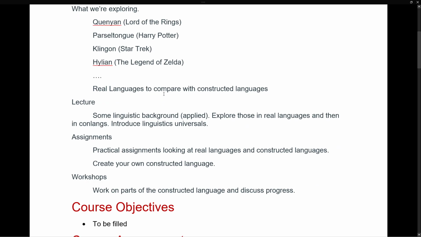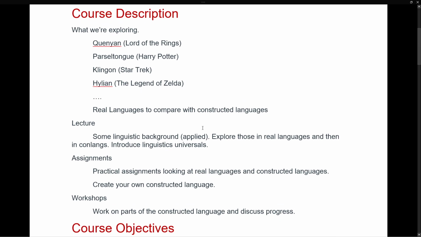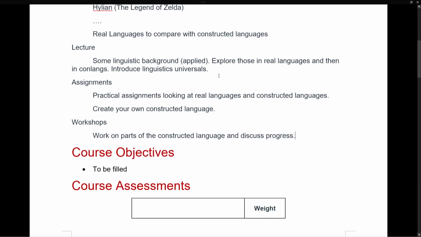Give students in every class an opportunity to start working on their projects and start analyzing things that we've taught in class so that way when they go home, they're not completely lost. So this is a general course description that I can work with. I can type this up a little bit later with nicer words, but these are my thoughts so far.